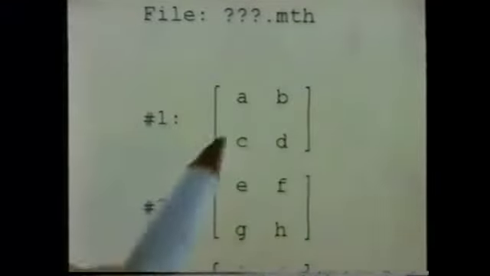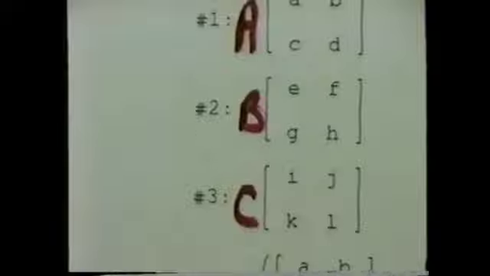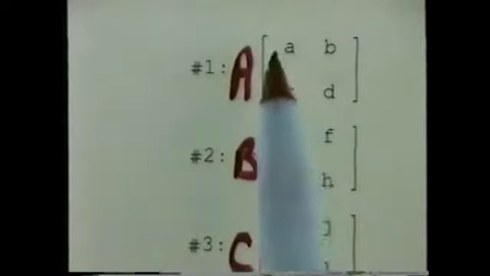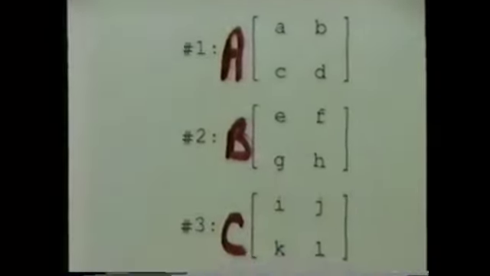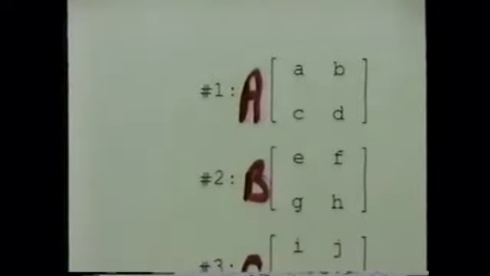We'll start by authoring 3 matrices. So I'll author matrix A, which is A, B, C, D, matrix B, which is E, F, G, H, and matrix C, which is I, J, K, L. To make it easy, we just went up the alphabet. So this would be the general 2 by 2 case. In essence, we're doing a proof on the 2 by 2 case, but not a general proof.